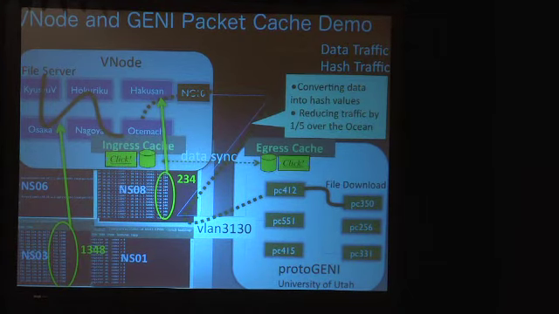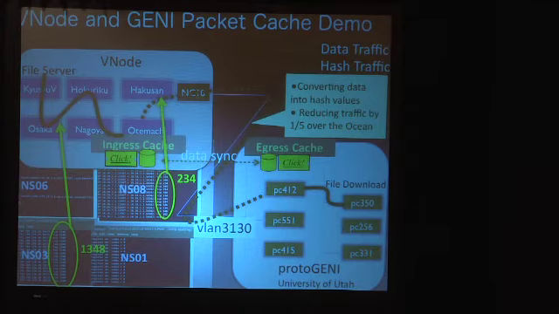But in the middle, we are putting a Click version of the ingress cache and egress cache so that we can compress the packet data to 1/5 over the Pacific Ocean, because we are demonstrating that we are reducing peering traffic drastically when a bunch of clients are downloading the same content over and over again.